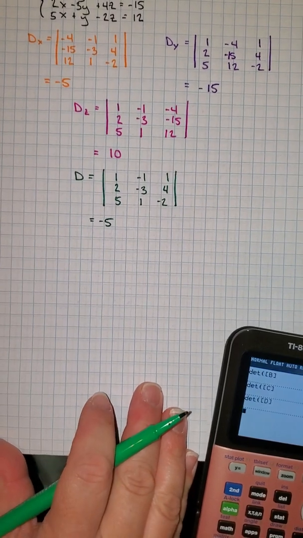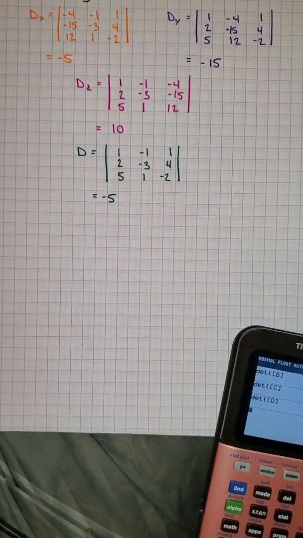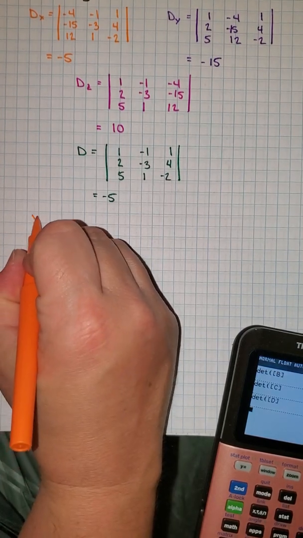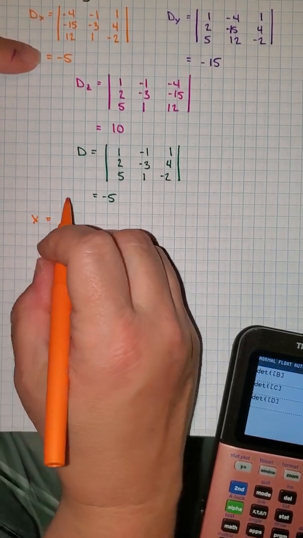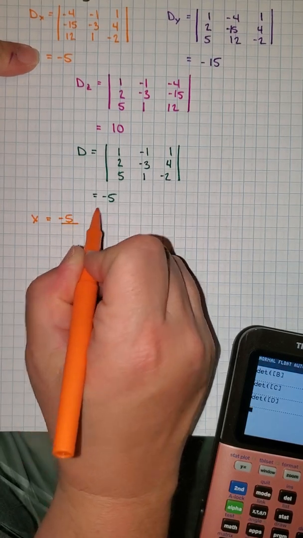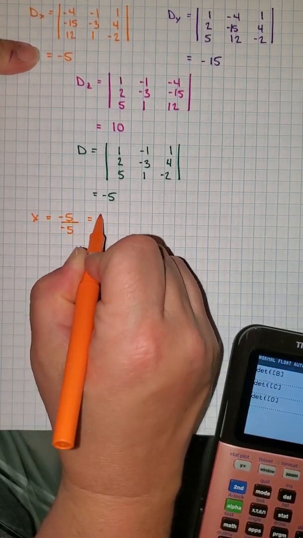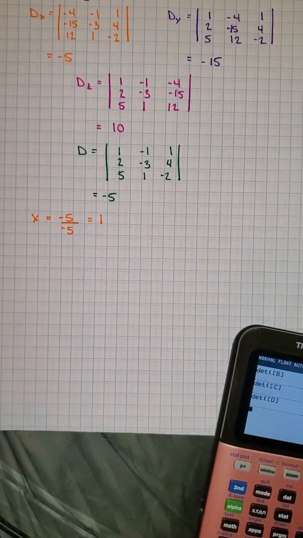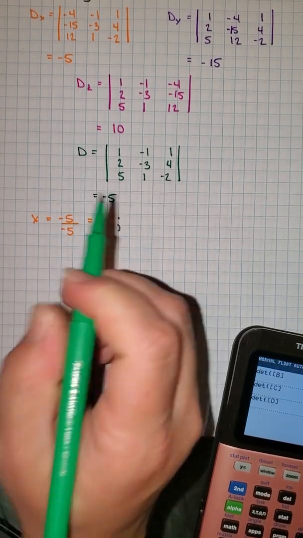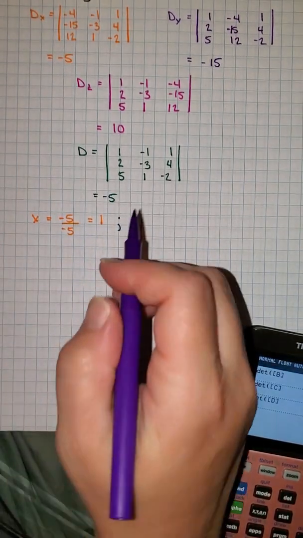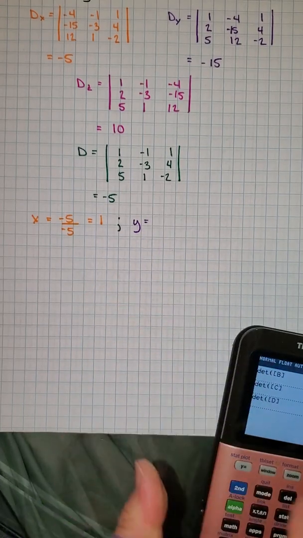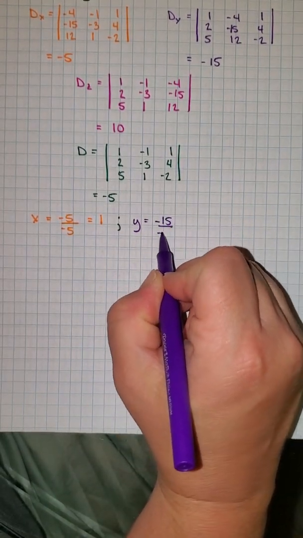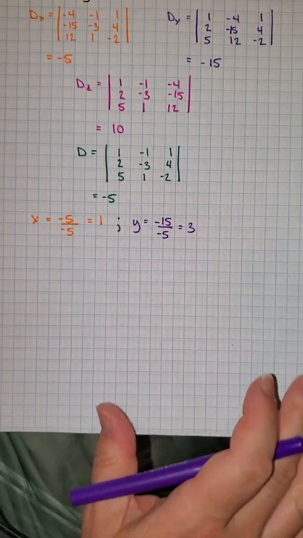Okay, so we found all the determinants we need. Now we just need to find X, Y, and Z. So X would be our determinant for X, which gives us -5, and then over our D, which is -5, so we get 1. Y is our determinant for Y, which is -15, over D, which is -5, so you get 3.